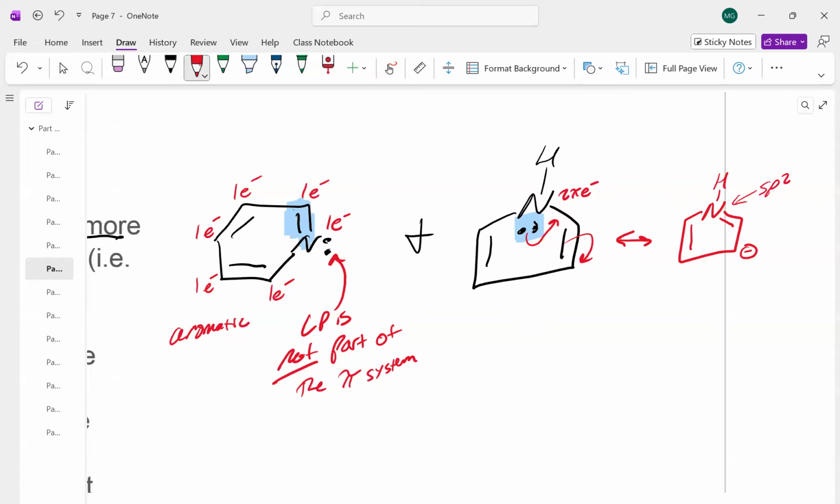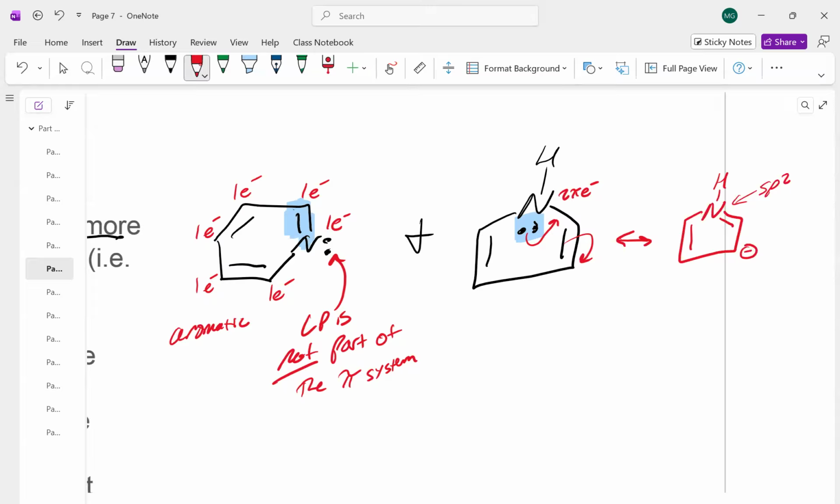It's sp2 hybridized. Go all the way back to one of the first few units of this semester, and remember one of those golden rules of resonance: if you can draw a resonance form that shows an atom as sp2 hybridized, then that's what you count.